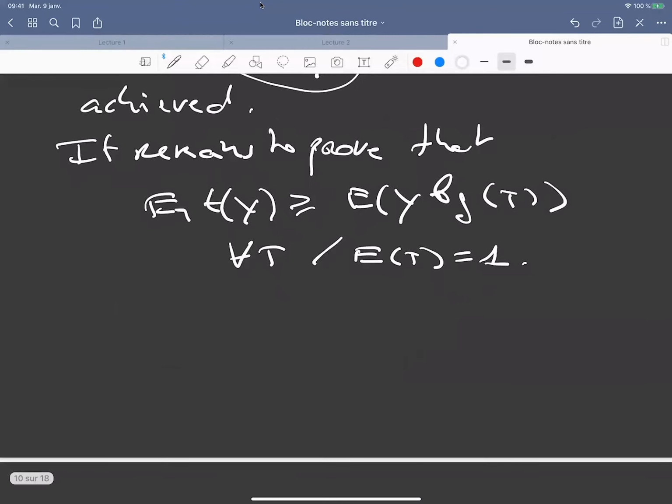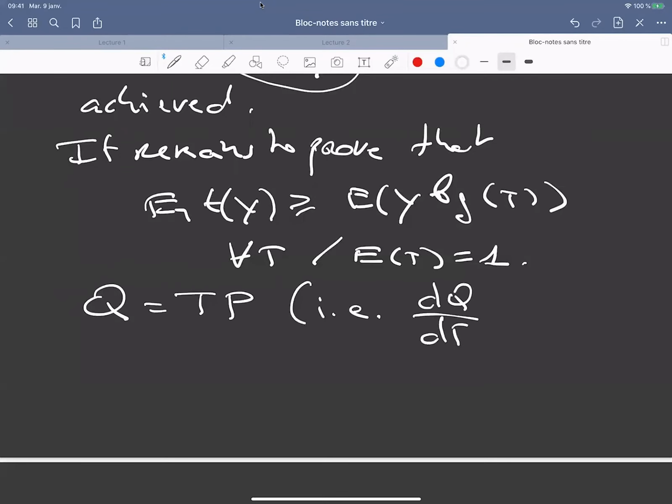So we introduce a change of probability. We introduce the probability q such that q is equal to t times p. That is, the Radon derivative of q with respect to p is equal to t.